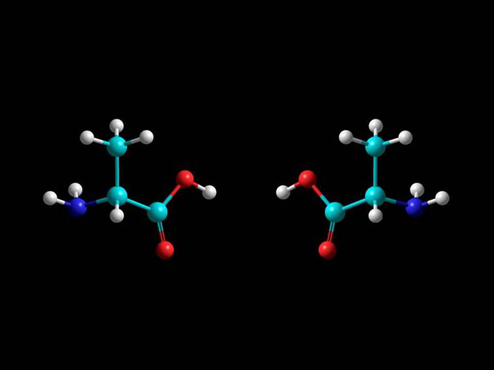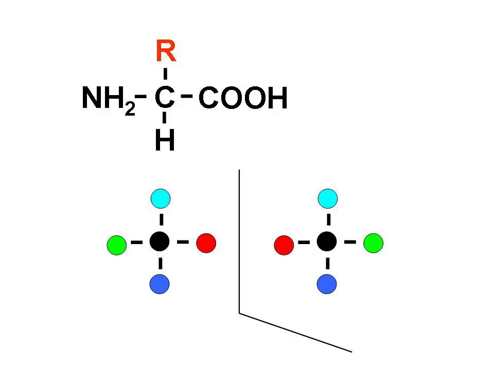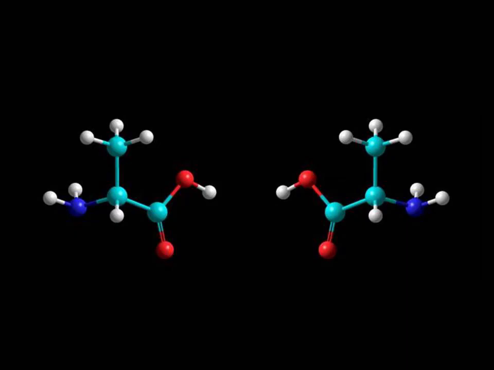There is an NH2 group. N is in blue, carbons are in green, oxygen is in red, and hydrogen is in white. So this is exactly the same molecule here. The R group shown here is a CH3 group.